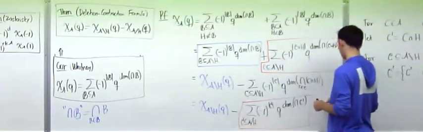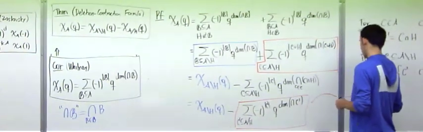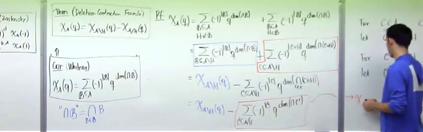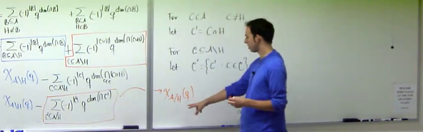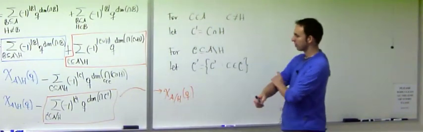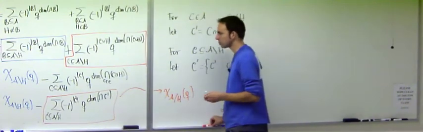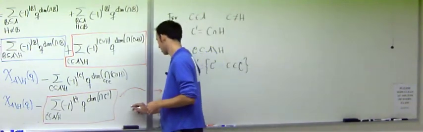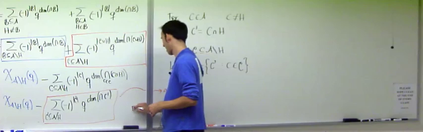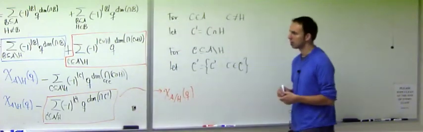This thing, again by Whitney's theorem, is the characteristic polynomial of the contraction. Okay? And that completes the proof. Okay?